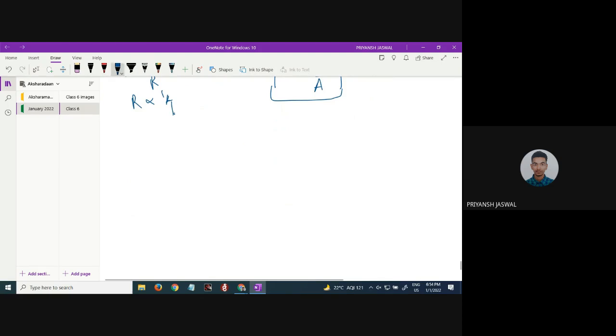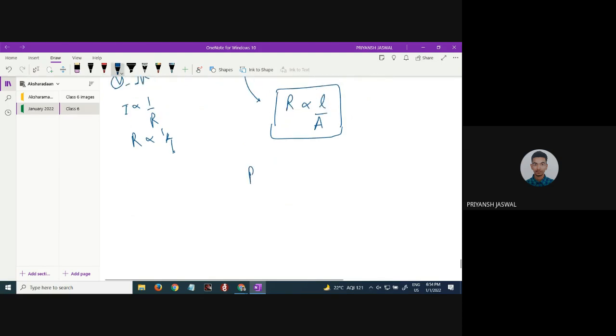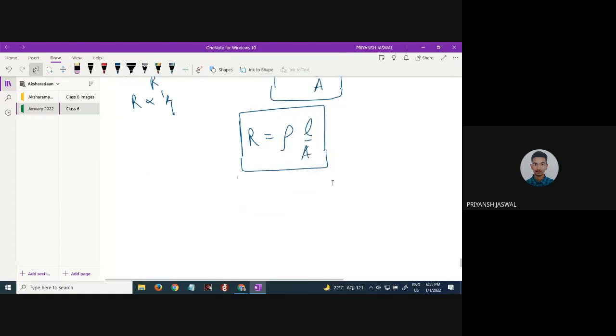To remove the proportionality symbol, we add a proportionality constant, as we did in the case of Ohm's law also, that V is equal to IR. We have R equal to rho times L by A. This rho is again a Greek symbol. It is read as rho in English.